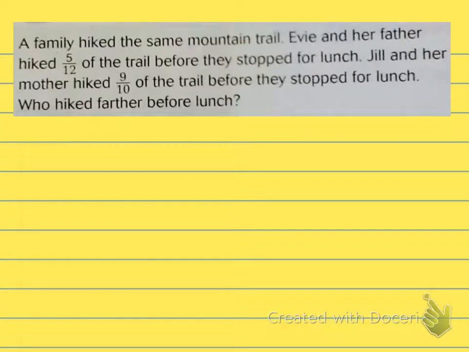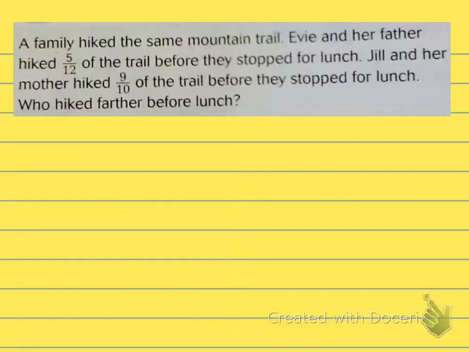Let's look at another word problem. A family hiked the same mountain trail. Evie and her father hiked 5/12 of the trail before they stopped for lunch. Jill and her mother hiked 9/10 of the trail before they stopped for lunch. Who hiked farther before lunch? All right, let's make sure we're reading this carefully.